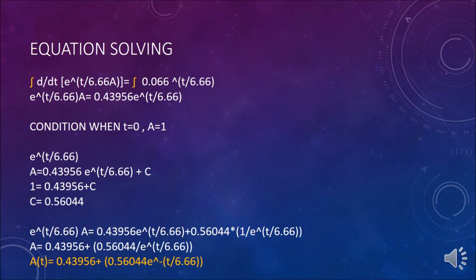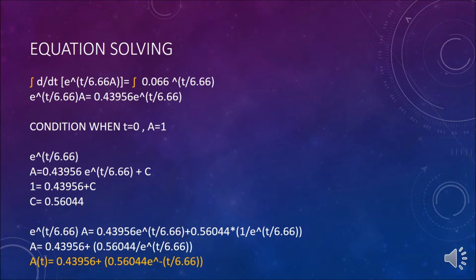Then with the conditions, when the time is equal to 0 and A is equal to 1, we have that A equals 0.43956 e raised to t over 6.66 plus C. Then with A equal to 1, we substitute these terms, and we have that our constant C is equal to 0.56044.